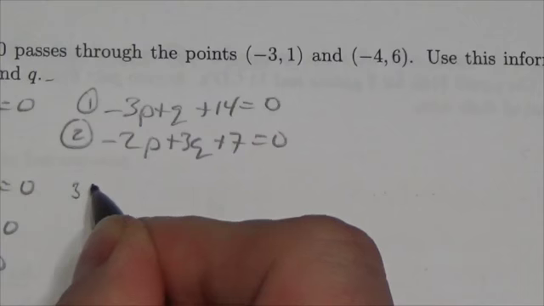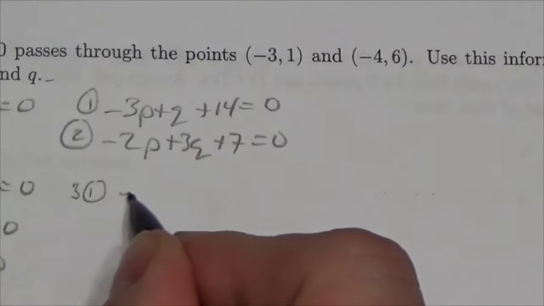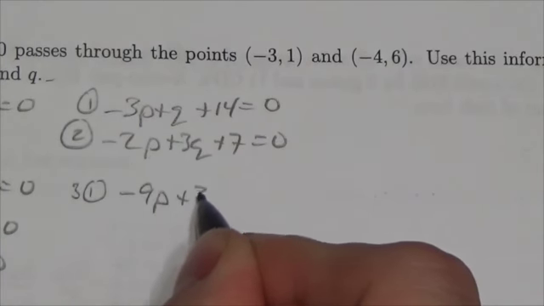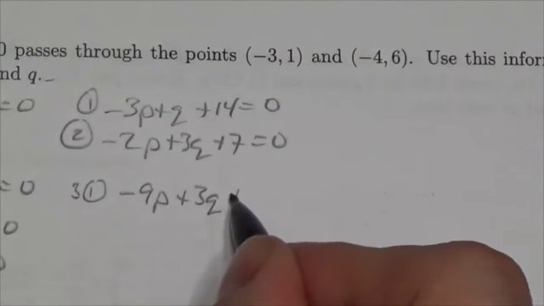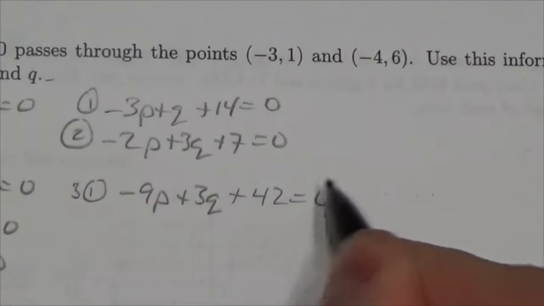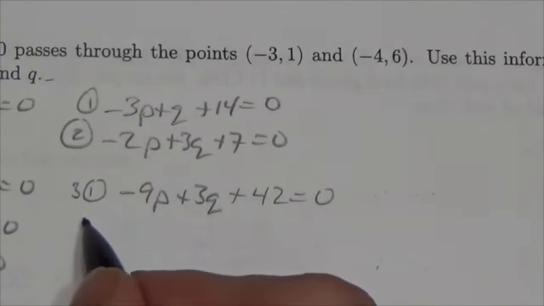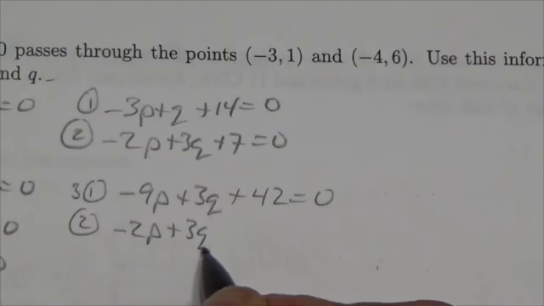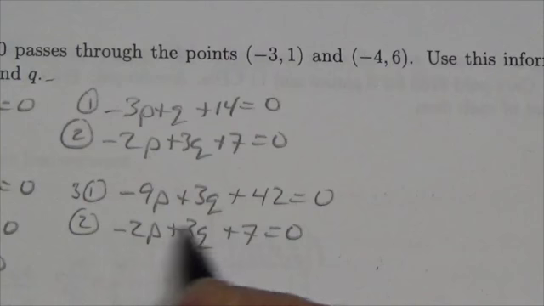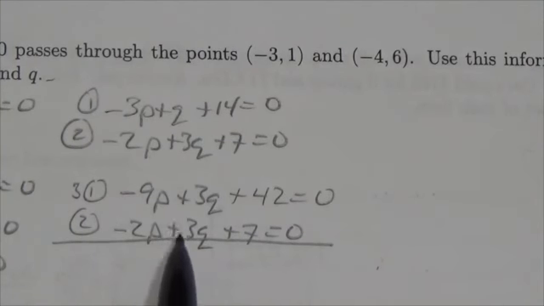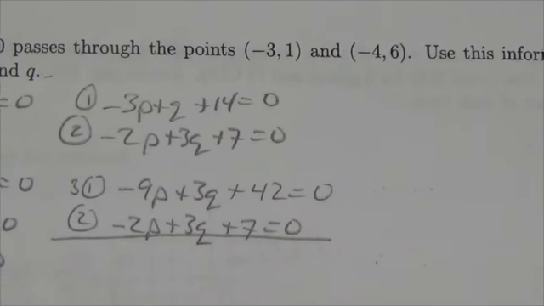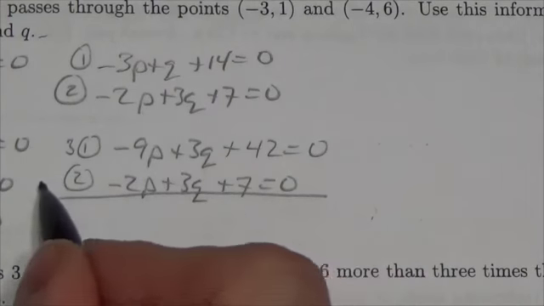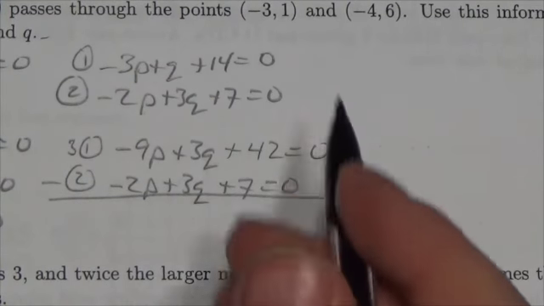If I multiply the first equation through by 3, I'm going to get negative 9p plus 3q plus 42 is equal to 0. And the second equation didn't need to change: negative 2p plus 3q plus 7 is equal to 0. Because the coefficients of the q's are the same, when I subtract, I will get rid of those.